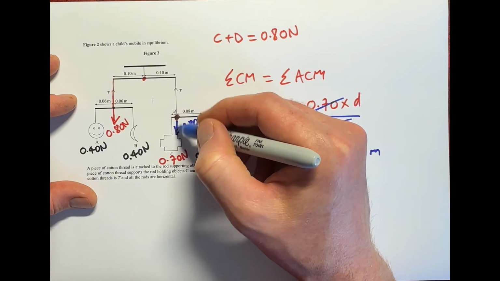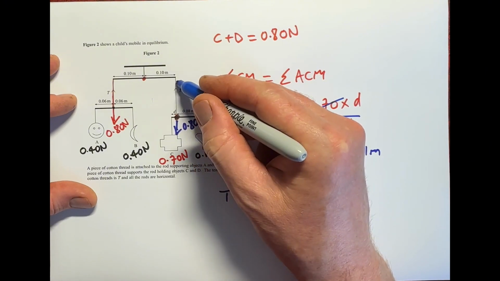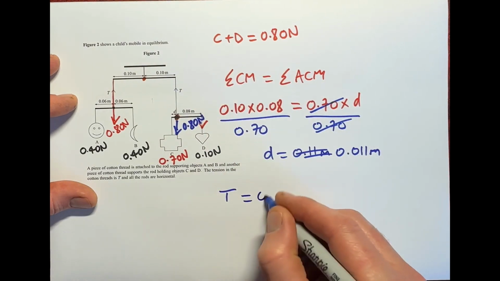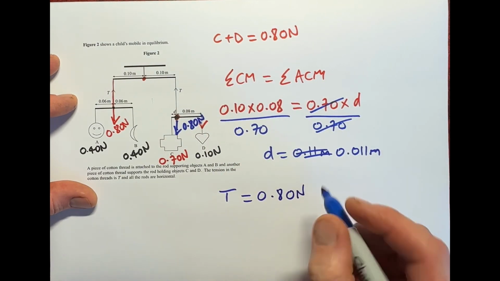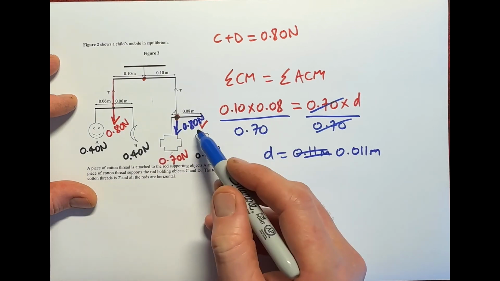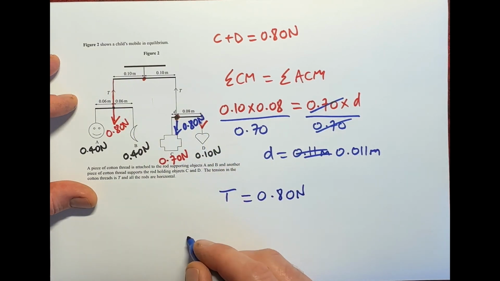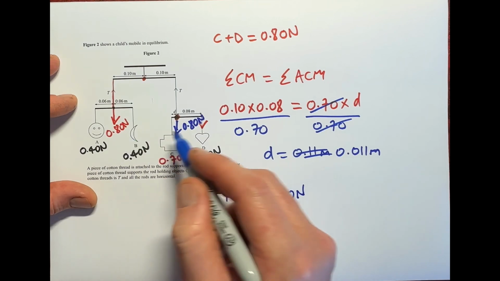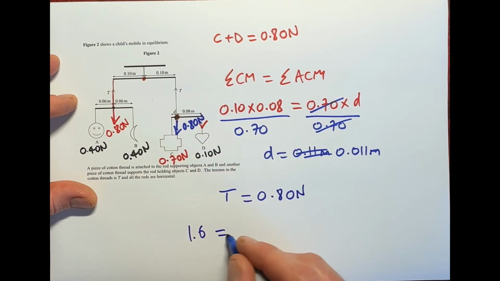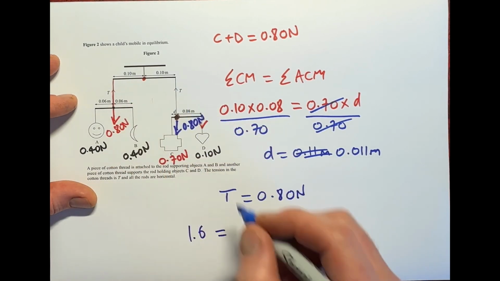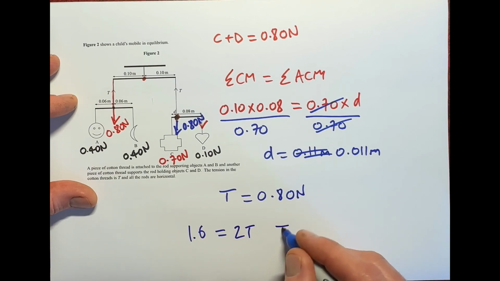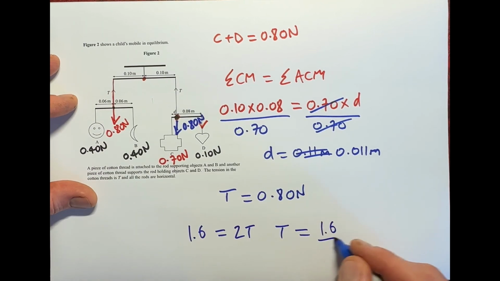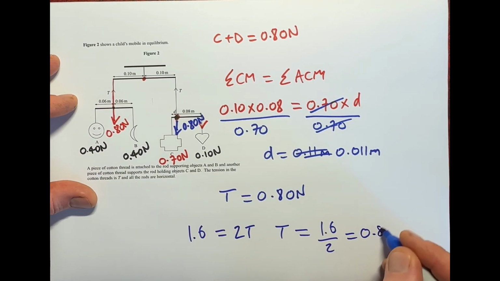So if 0.8 newtons is acting downwards, there must be a 0.8 newton tension acting upwards. So T is 0.80 newtons. Or another way of thinking of that is the total force acting downwards here is 1.6, because it's those two added up. That must equal that force and that force. Therefore T is equal to 1.6 divided by 2, which is 0.8.